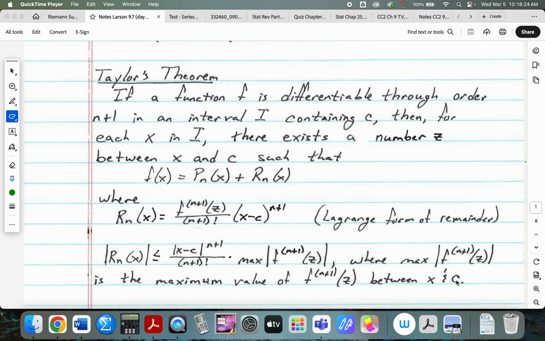That's the interval we're going to look on. We're going to find the maximum value of the derivative, whichever derivative we're on, in that interval. And we're going to use that for our numerator here instead of the n plus first derivative at our centering point c. Everything else is just the next term.